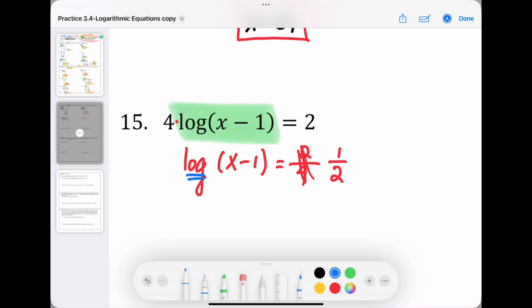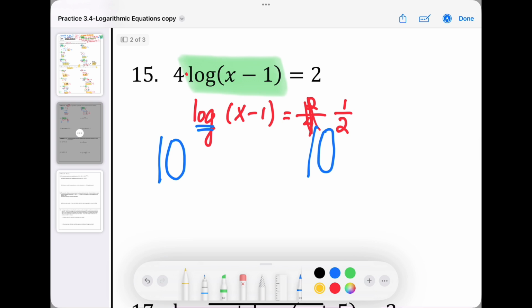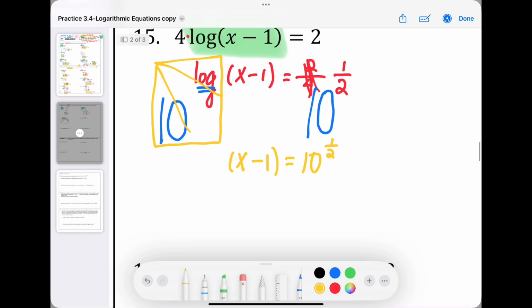Now, all about the base. You know that for the log where I do not see anything, the base will be 10. So I'm going to raise both sides with base 10. Why do I want to do that? Because the base is the same, what happened? They cancel out. So I have x minus 1 that is equal to 10 to the 1/2.